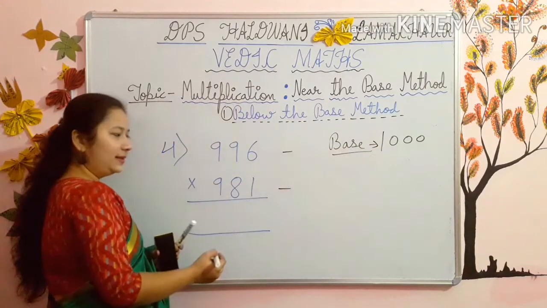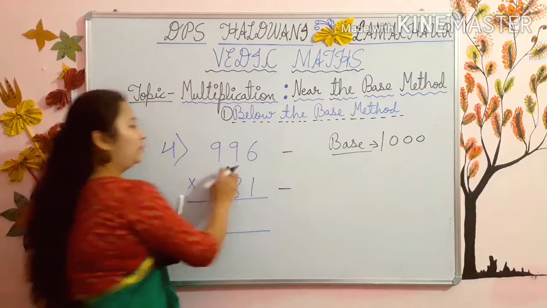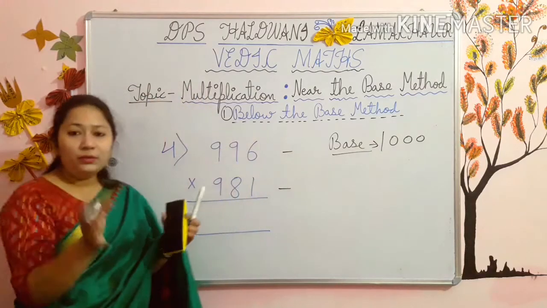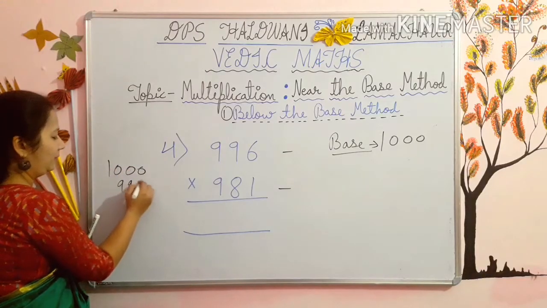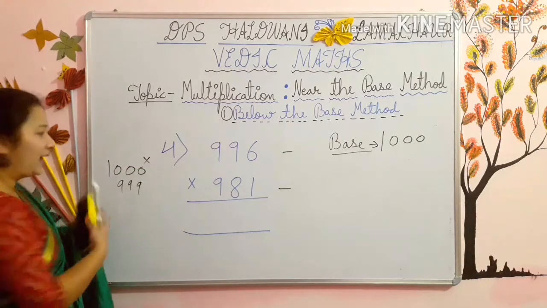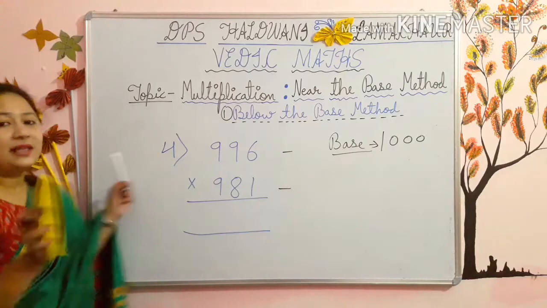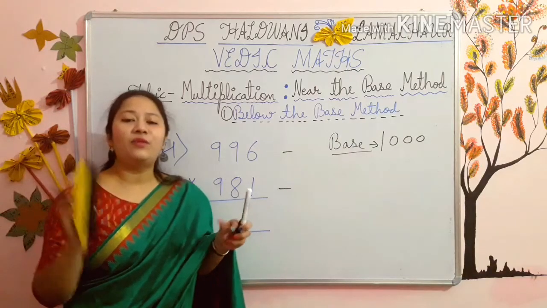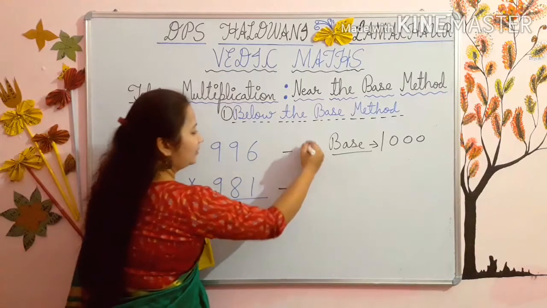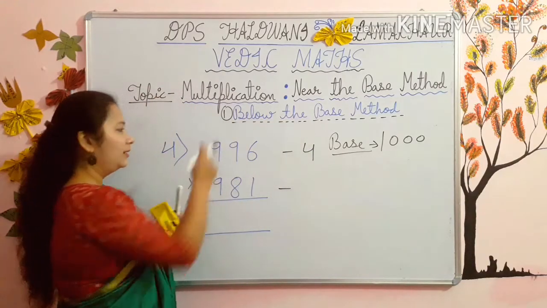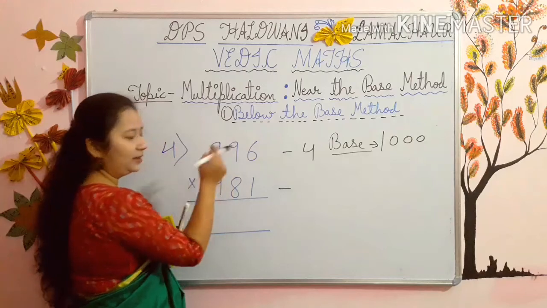Now the next thing you have to do is subtract these both. Now don't subtract like this. No, I have told you the method. The method is last from 10 and others from 9. Subtract this last digit from 10. 10 minus 6, 4. Then 9 minus 9, 0. 9 minus 9, 0.